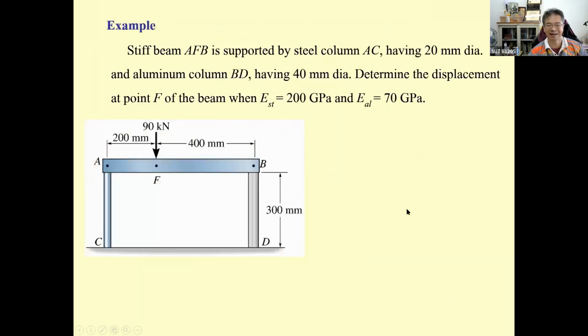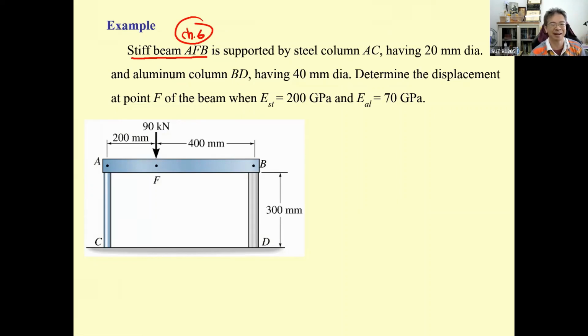And then if we come to the last example, you got to understand the beam AFB. The beam is very stiff. We're going to consider it in chapter 6.